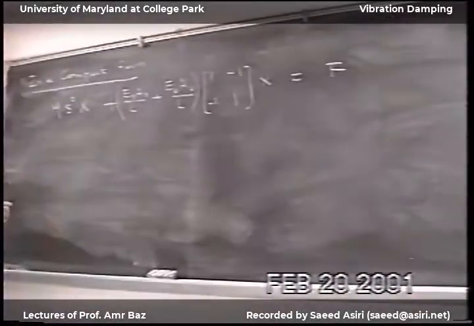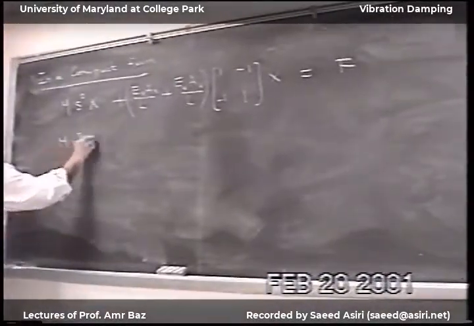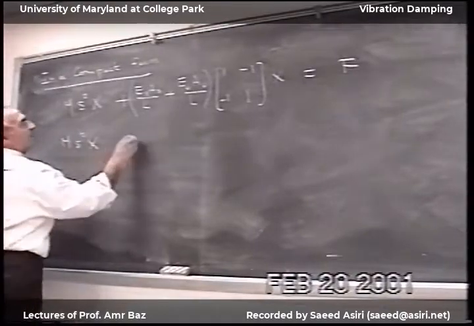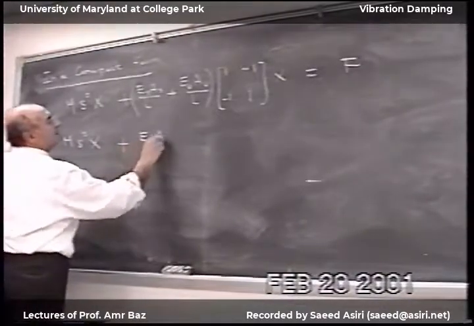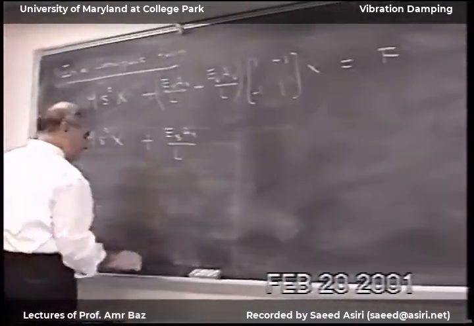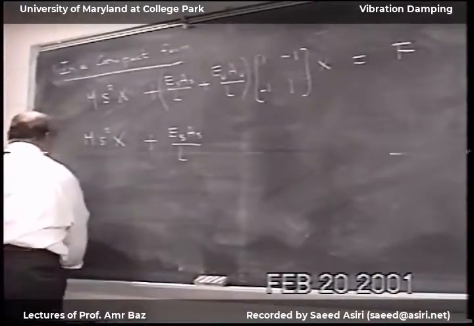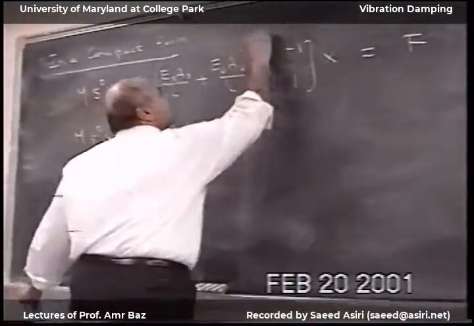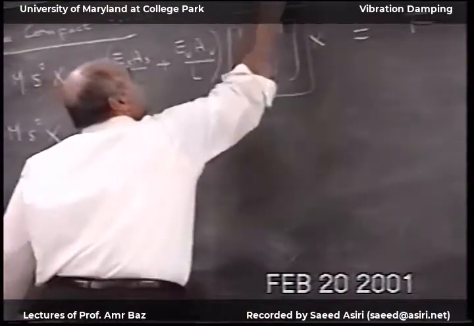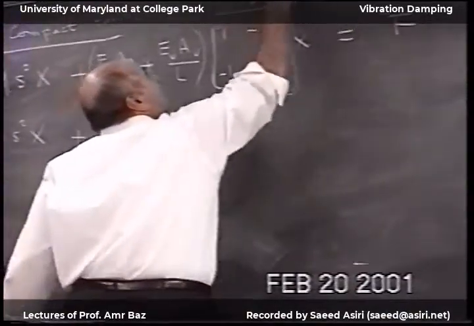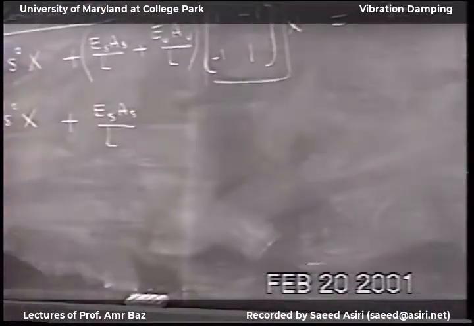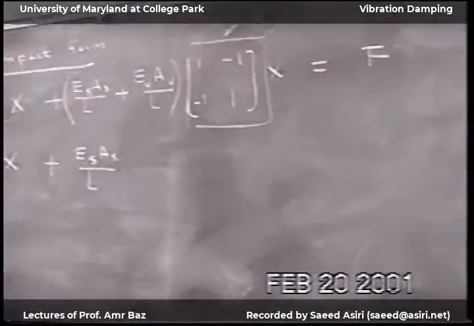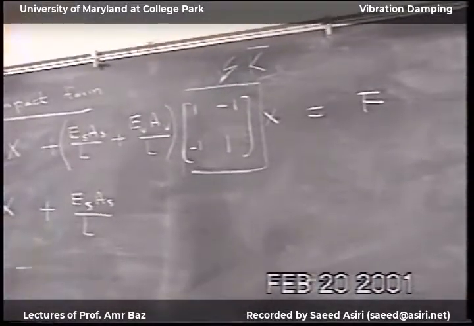I'm going to simplify this one more time like this: m s squared x plus E S over L, and I'm going to call this K bar. It's not a stiffness matrix, but it looks like a stiffness matrix.